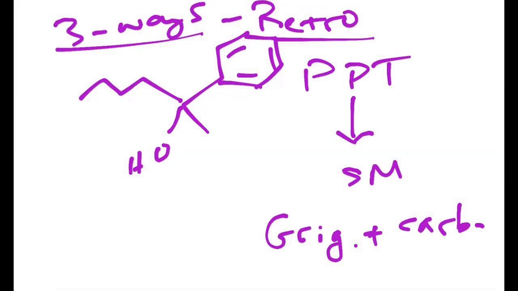Is that right? I thought it was. If we have an alcohol, it can also be a Grignard plus a carbonyl.